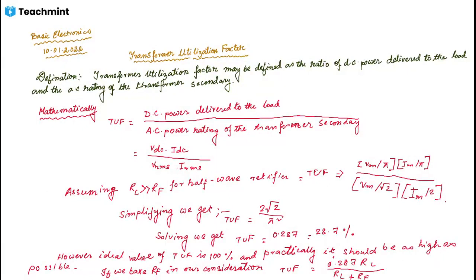Okay. So this is the transformer utilization factor for a half wave rectifier. Has everybody understood?